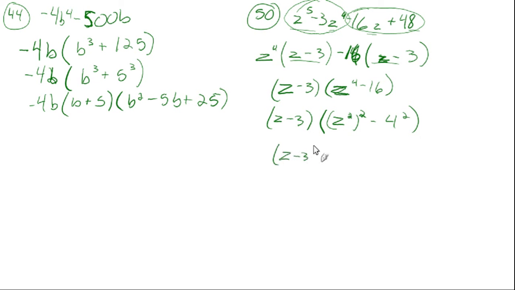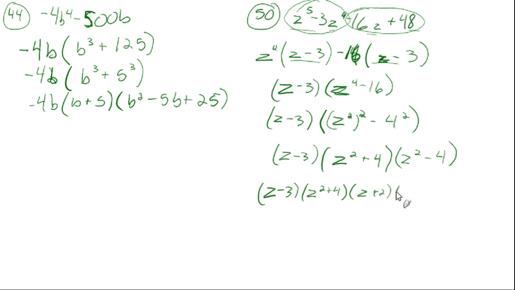Difference of squares factors as the first thing being squared plus the second thing being squared, and then the first thing being squared minus the second thing being squared. And this now is also a difference of squares. Z squared minus 2 squared. So we have z minus 3 times z squared plus 4 times z plus 2 times z minus 2.